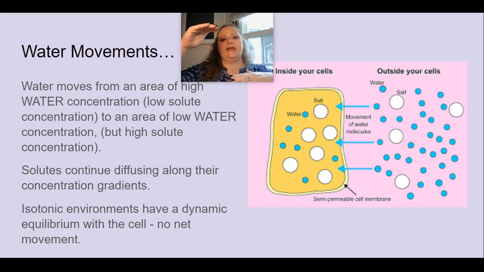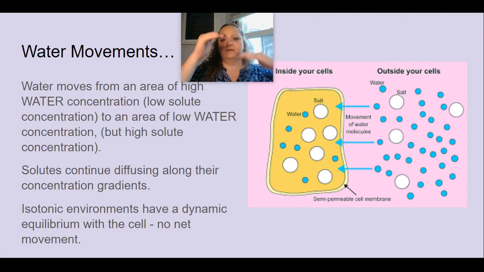If we have a low water concentration, we automatically have a higher solute concentration because the two are connected, right? Remember, concentration is the amount of solute per volume of solvent. And so if we increase one, we decrease the other, and vice versa.